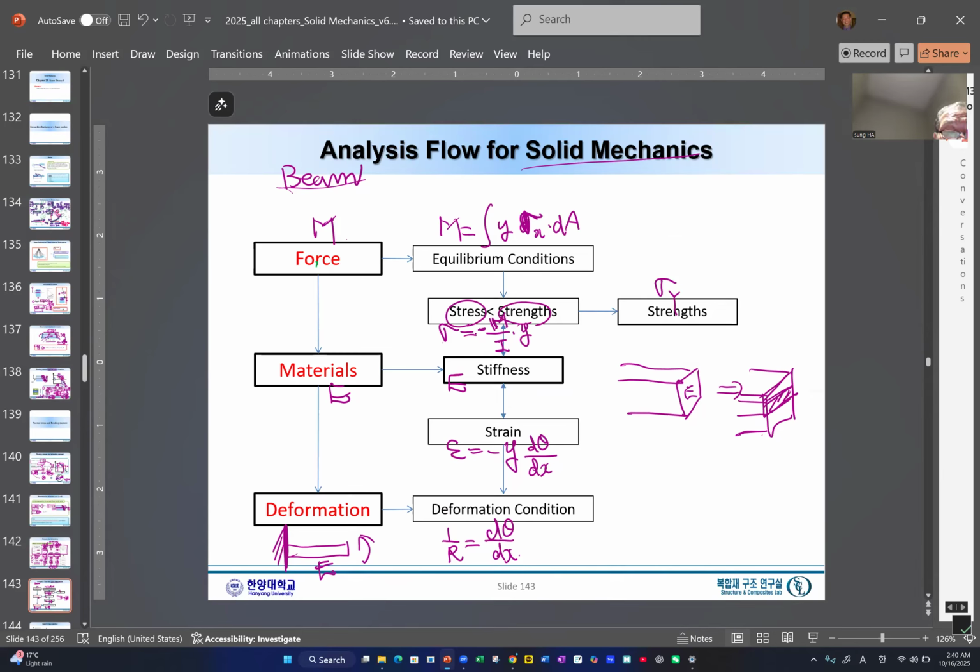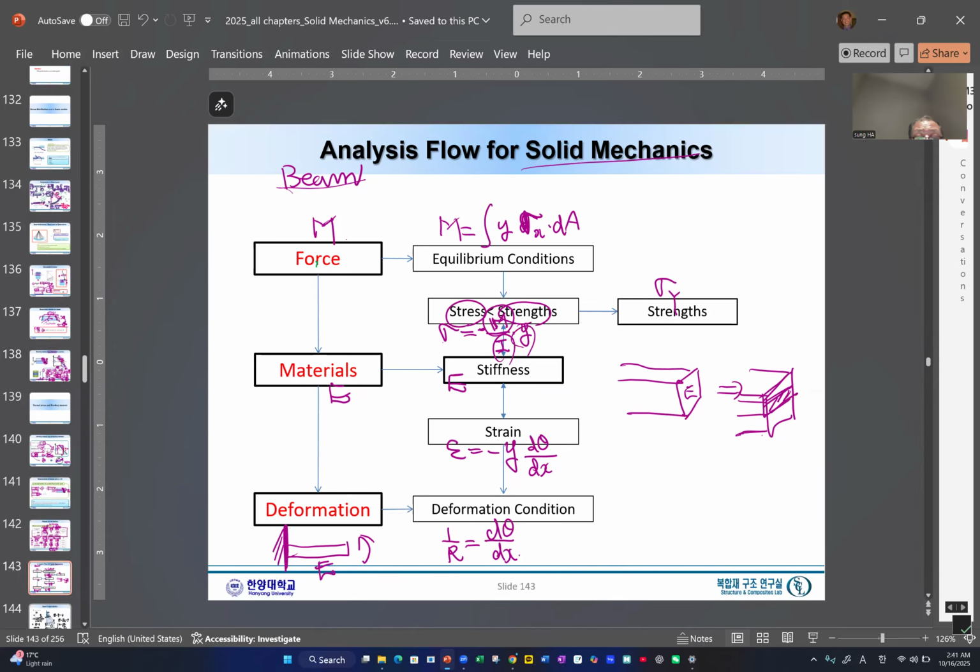Because we have only one stress, we don't have to consider multi-axial stress, but here the stress caused by the moment in this cross section, proportional to y, should be less than sigma yield. So we double checked that this whole flow chart will be applied to beam theory as well.